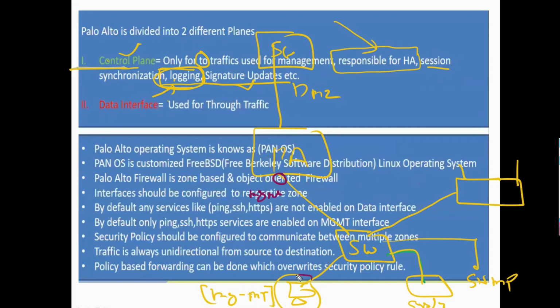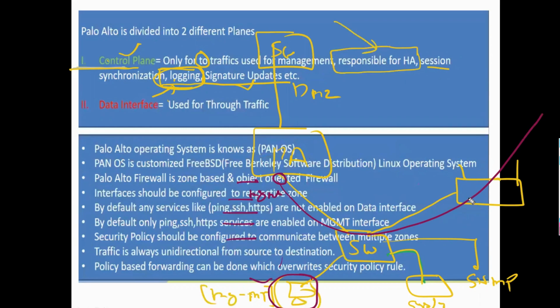Like this PC, if this PC is trying to go to google.com or to an internet site, it requires an IP address, mask, gateway, DNS entry. Same. If this Palo Alto box is trying to go outside, trying to download the latest signature update from updates.paloaltonetworks.com, this box also requires an IP address, mask, gateway, DNS entry.